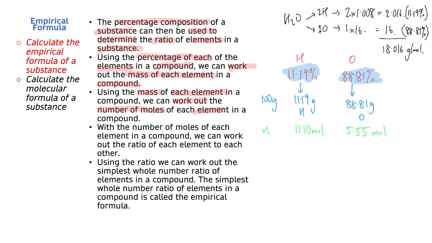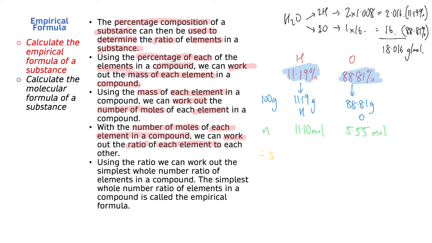Okay, so that's just going from mass to mole, that should be fairly straightforward. Okay, now, going back to the notes, with the number of moles of each element in a compound, we can work out the ratio of each element to each other. Now, the ratio of each element to each other is effectively done by dividing by the smallest amount.